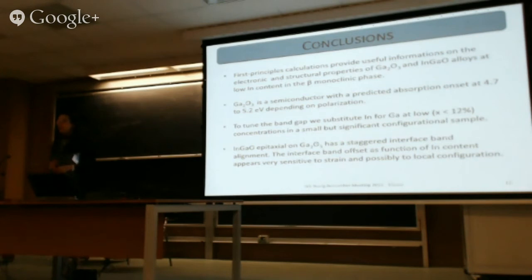Yes, a supercell with 80 atoms, like the structure of indium oxide. We calculate the structure and properties of the supercell of gallium oxide. Yes, because when you increase the volume, the band gap decreases. Right. Yes. Okay, thank you.